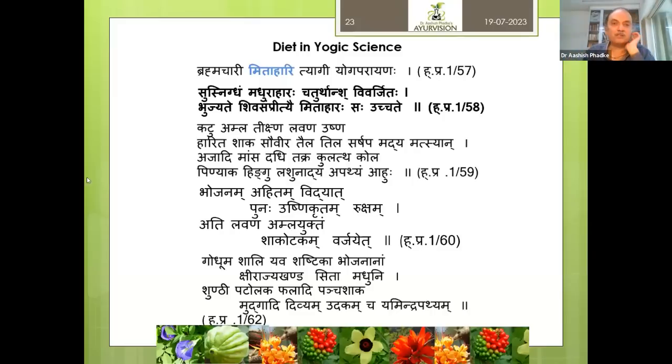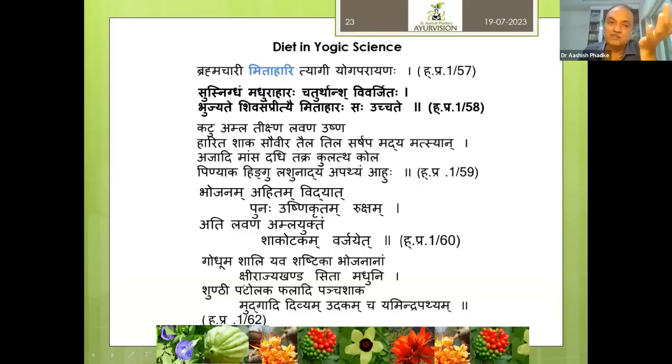They have mentioned goduma shali yavashashtika bhojananam. So your wheat, your rice, your barley, all these are supposed to be taken. Then they have mentioned sita. Sita means your raw sugar, not khadi shakkar or mishri, not the processed sugar. Then madhu, that is your honey.